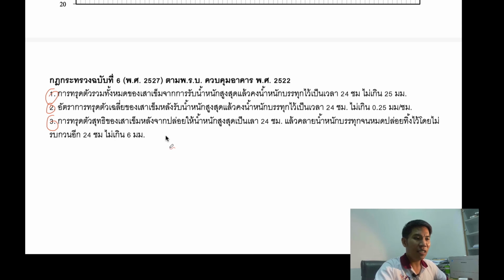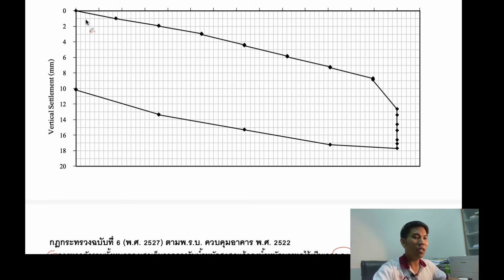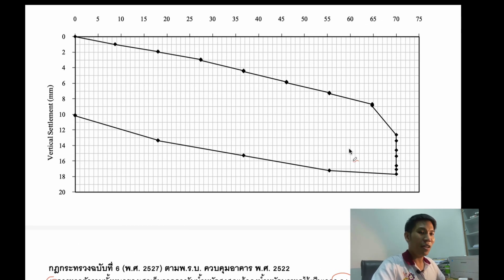The first one says that the total settlement of the pile after you maintain the load for about 24 hours should not be more than 25 millimeter. So what does it mean? This one is an example of the final exam for the laboratory. I give this curve and I let you evaluate whether the pile load test is passed or failed. So I increase the load from this point up to this level.